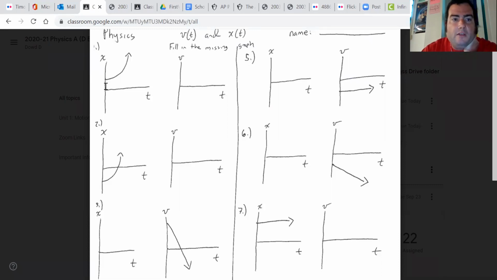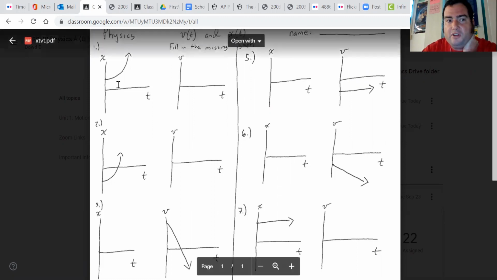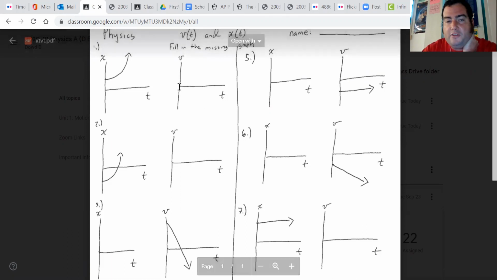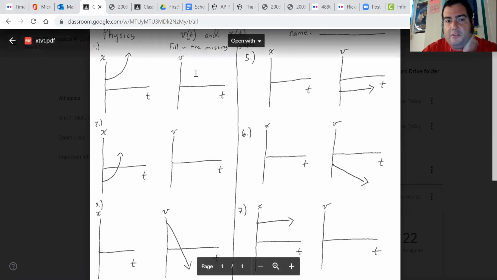Basically, these are the same answers because the graphs have the same shape. They both have low velocity at the beginning because the slope is essentially horizontal or zero. And they both get steeper and steeper and steeper. So we should start with a low velocity close to zero that then increases. So here's what the answer looks like for that.